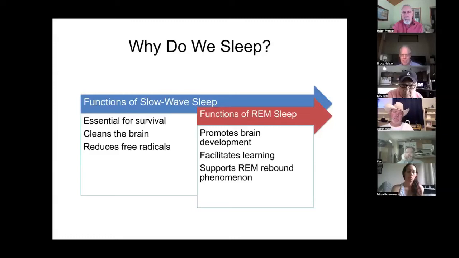Now, I haven't mentioned it yet, but when you're in REM sleep, your body is paralyzed. So you can't act out your dreams. And that created a way of depriving rats of REM sleep. You could have them balance on a little piece of wood in a pool of water, and they can fall asleep while standing on that piece of wood.